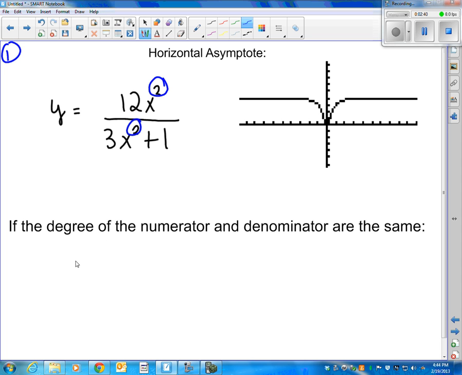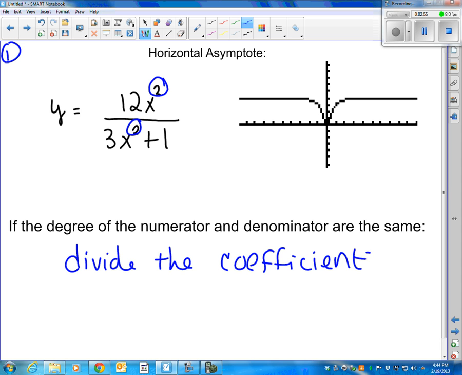These are the same, so I'm going to divide the coefficients. All right, simply take 12 over 3.